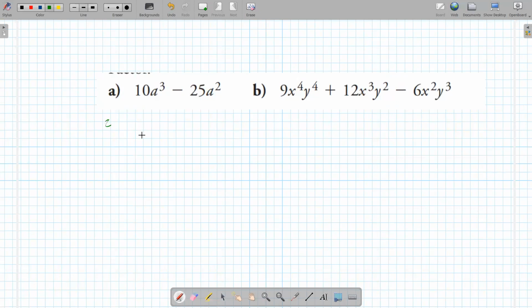Here, A, what can we pull out? Which basically means, what's the GCF? 5a squared. Okay, then what are you left with?